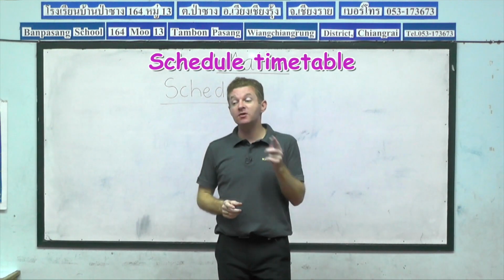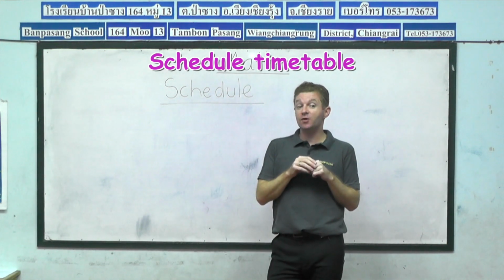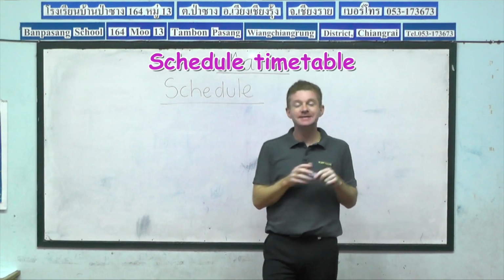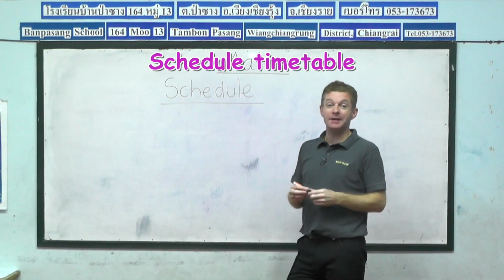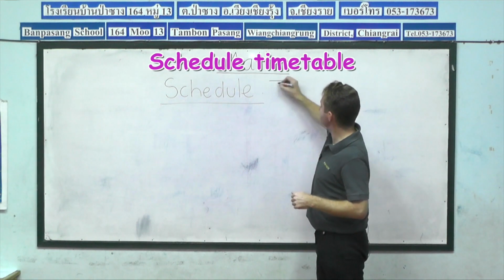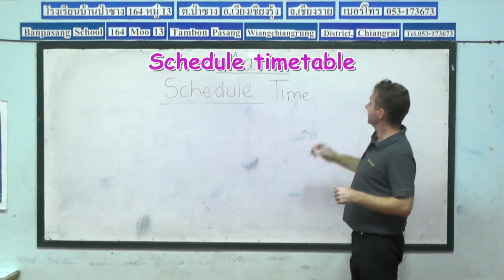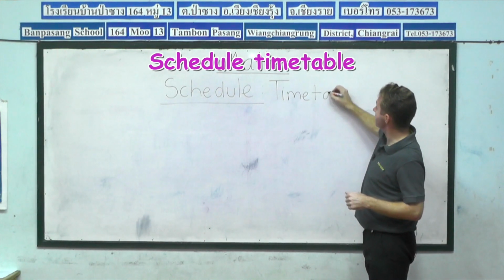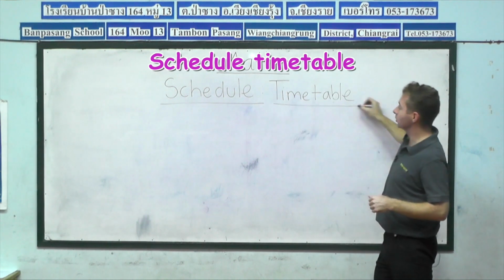And recently, we've been learning about a particular type of schedule that involves time and activities. Timetable. Very good. We were learning about how to do timetables. So let's write that word on the board too, because timetable, T-I-M-E-T-A-B-L-E, is a type of schedule.